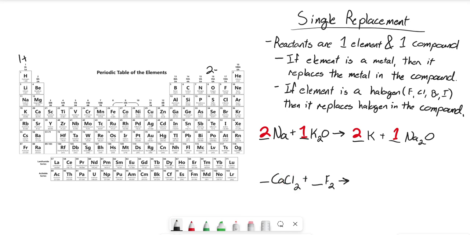Still, to predict the products of the reaction, I think it is very important that we consider the charges of the ions that are going together here. Calcium is a 2 plus, chlorine a 1 minus, and fluorine a 1 minus. Now, just like in this previous example where we said the positive ions are most definitely not allowed to bond to one another, the same is true down here, but in terms of the negatives.